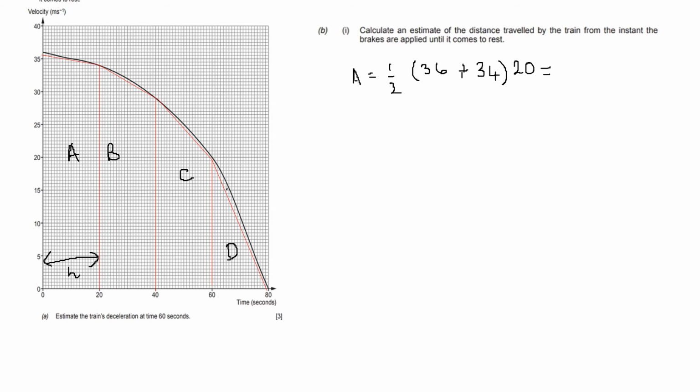So I'm just going to work that out. 36 plus 34 is 70, half of 70 is 35, 35 times 20 is 700.